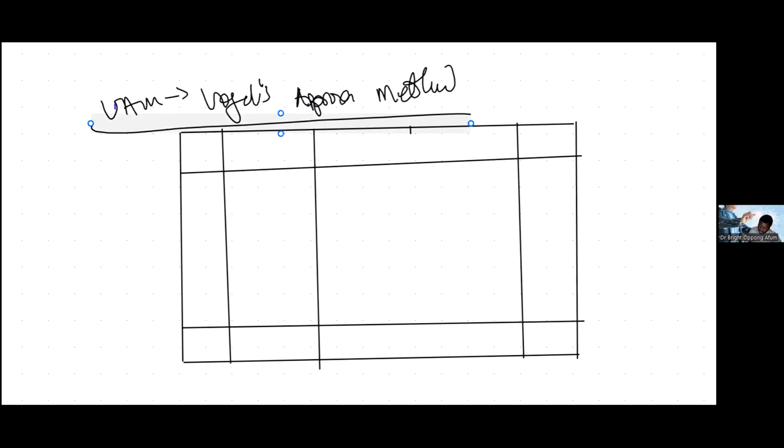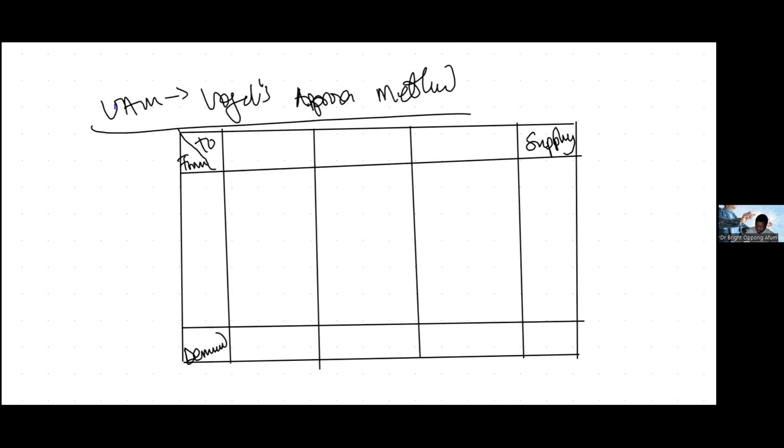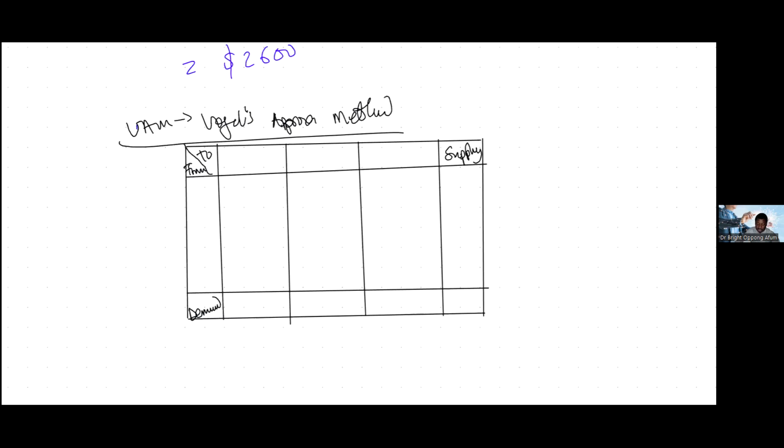Since this method is more technical, you see later that when you are iterating, the number of iterations reduces when you use the Vogel method. Okay. So trying to reduce the table a bit.